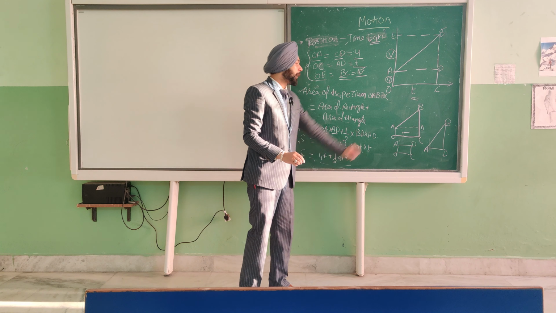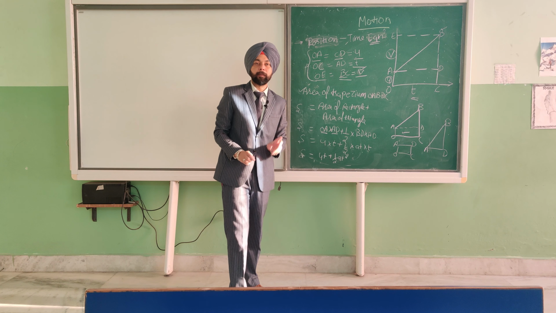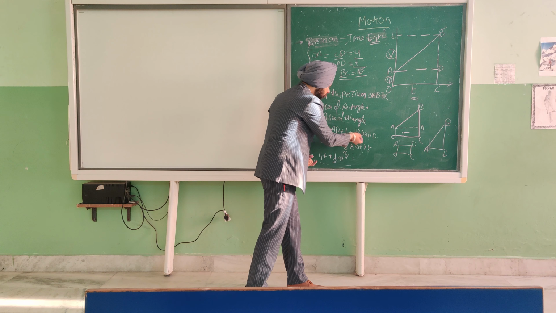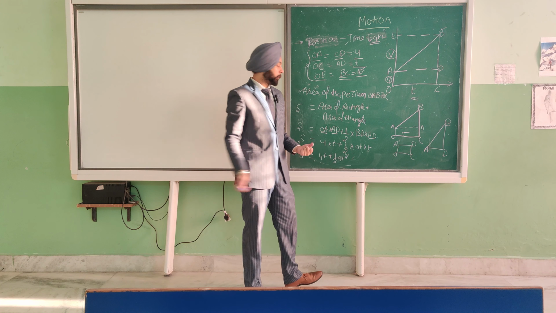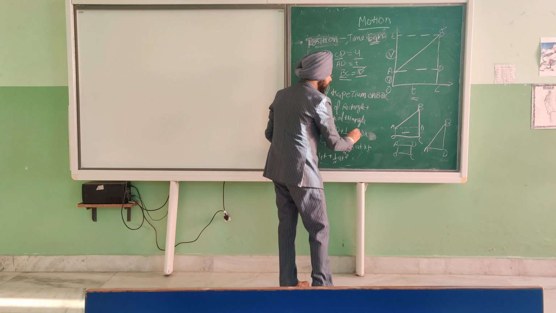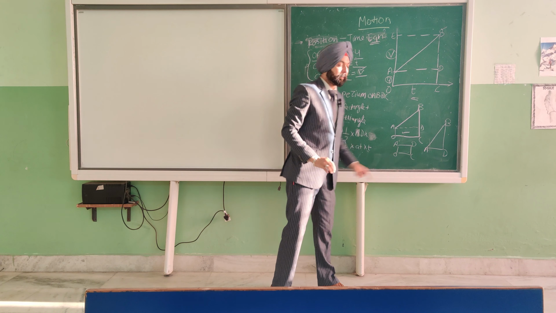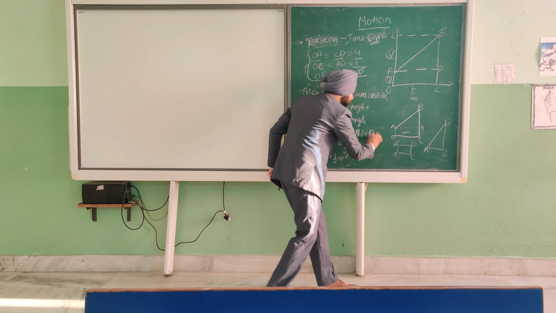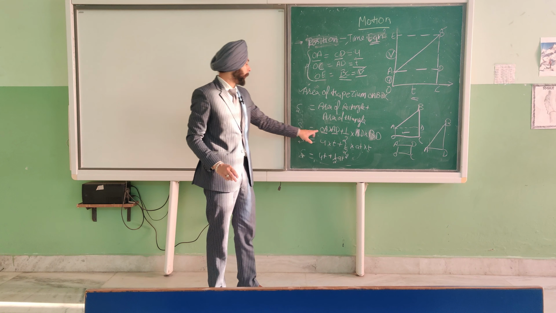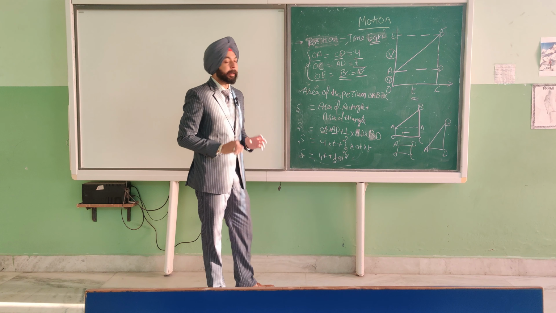Area of triangle is equal to half into base into height. Base is AD, so we can put AD. And height is BD. Now put the values: in place of OA, AD and BD.